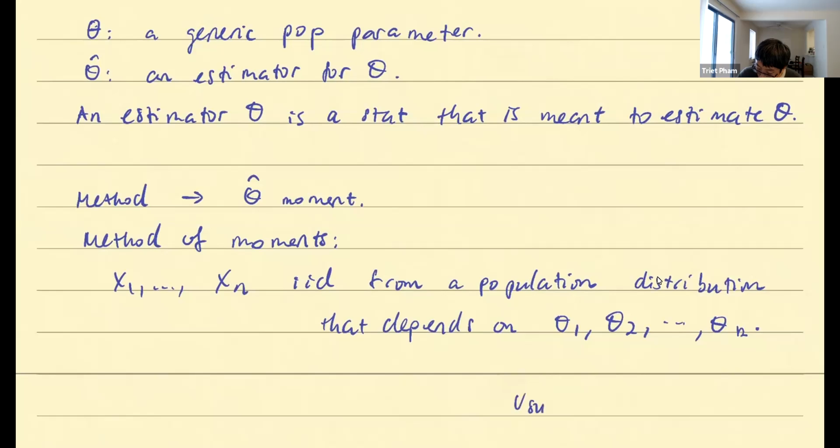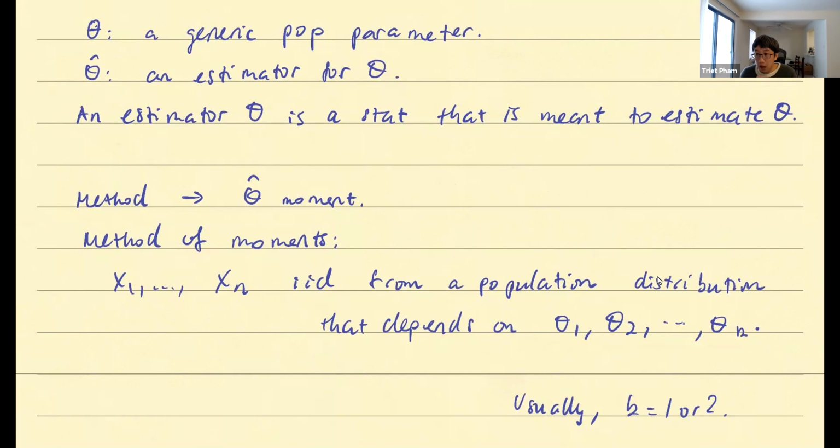Usually k equals 1 or 2. So usually you only have 1 or 2 unknown population parameters, like mu and sigma square, or lambda, or a and b for uniform. I don't think I've seen too many distributions with 3 unknown parameters. That's possible, but more than that is rare. But here we're just describing a generic case.